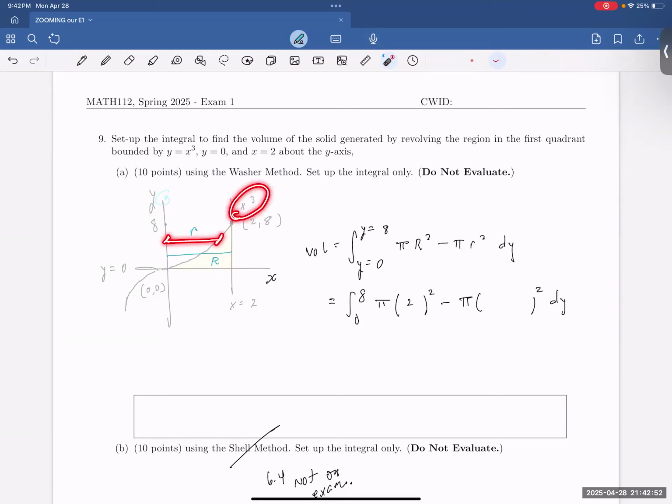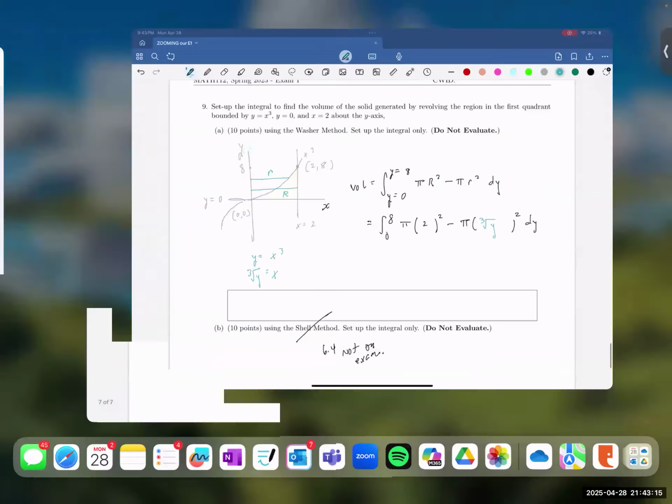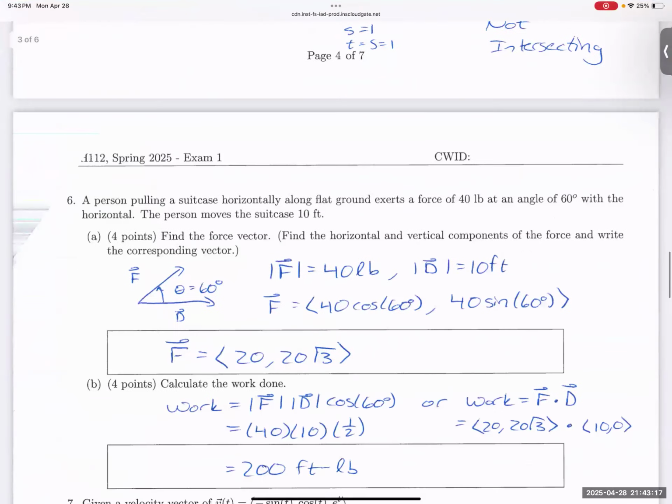The curve is x cubed, but x cubed measures the vertical distance. We want the horizontal distance, which is x in terms of y, and if we solve that, cube root y. There we go. That should do it. I'm going to check that, but I think that's right.